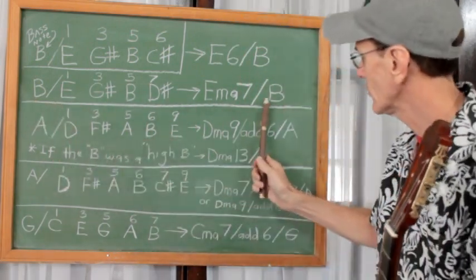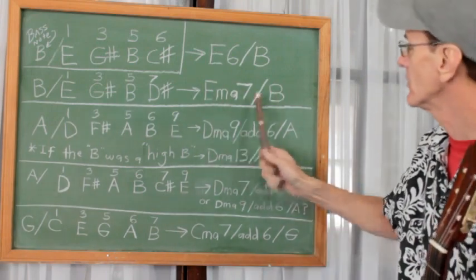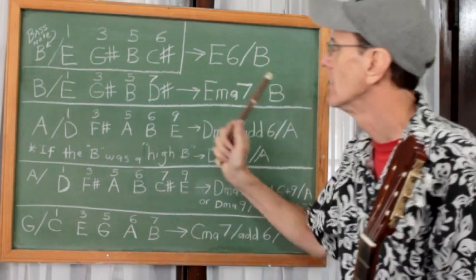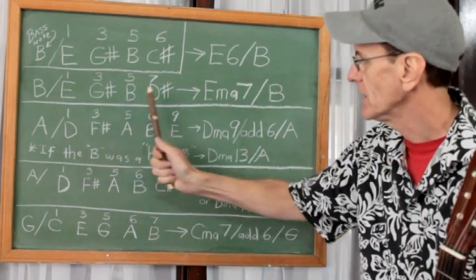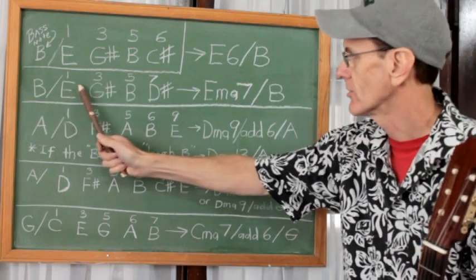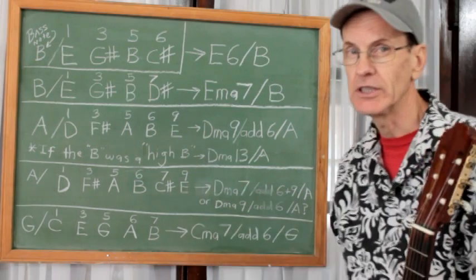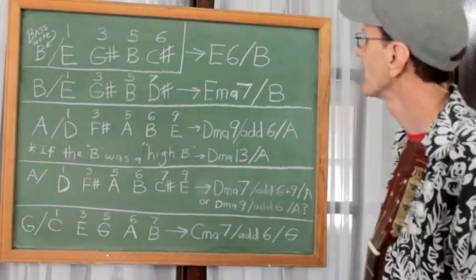So again, it's a slash chord, and it's called an E major 7th slash B. E, G sharp, B, D sharp. Okay? And that's the first note, the third, the fifth, and the 7th, taken from the E major scale.